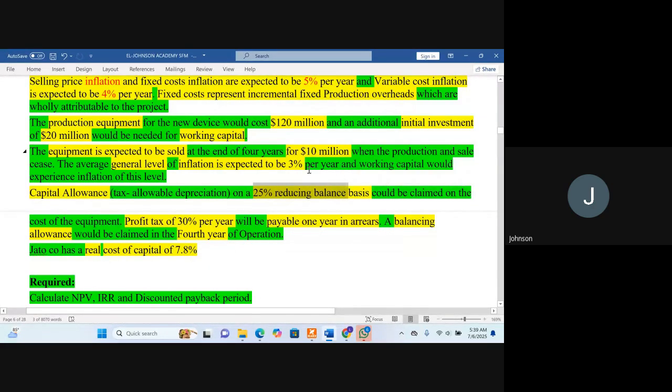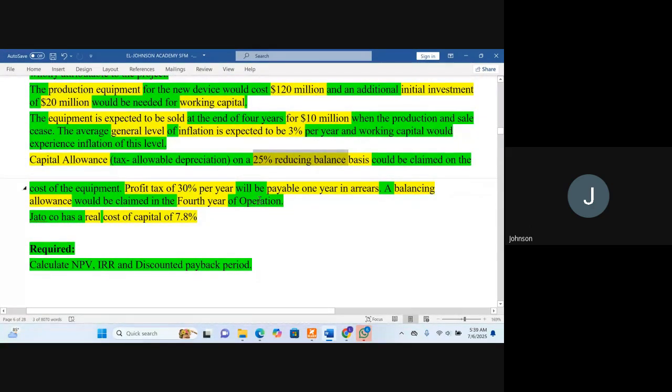Okay. Then they also told us, where is the other place that they told us that there will be a balancing allowance? So they say a balancing allowance will be claimed in the fourth year of operation. So a balancing allowance occurs when you have a loss, when the sales proceeds from selling the asset is lower than the tax written down value.